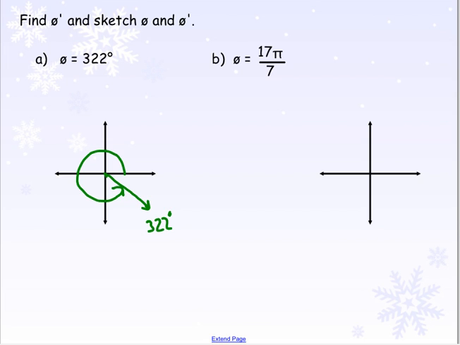If I want the reference angle, I want the quickest way to the x-axis. So that blue angle would be my reference angle. How do I get it? Well, all the way around is 360 degrees. So to get that reference angle, I'm just going to take 360 and subtract off the 322. And I'll end up with 38 degrees. So that's the reference angle.